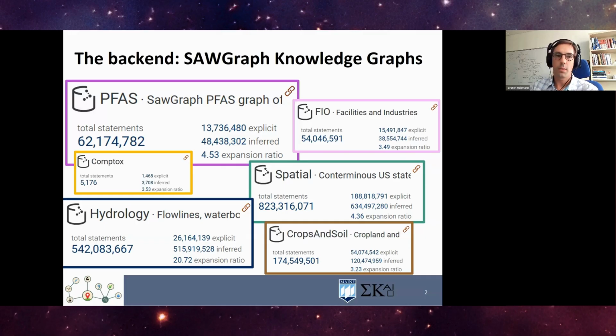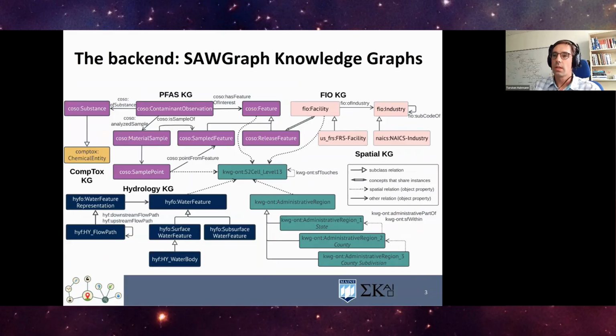We will be going over some of the ontologies that actually power this graph. So these are color-coded here the same way the graphs are shown in the previous slide.